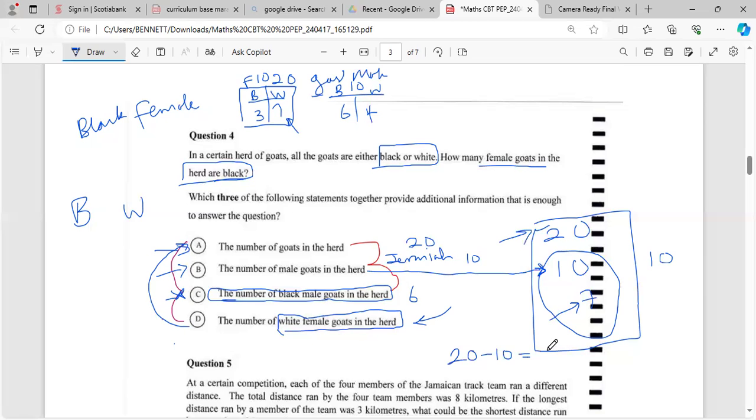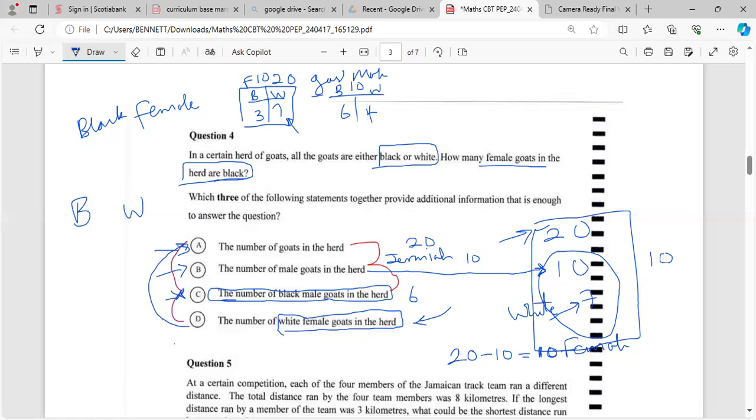I know society cannot change, but yeah, that's it. So we know that there are 10 female goats. And out of that 10, we know that 7 are white. So couldn't we find out how many are black? Since you only have two colors, white or black. Because if you're not white, you're black.